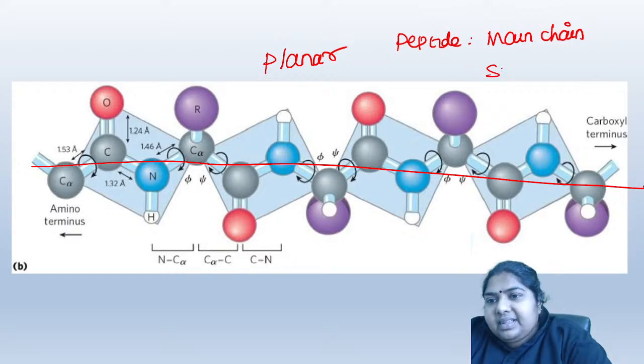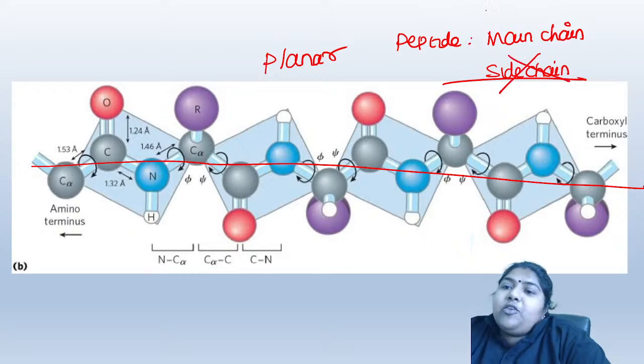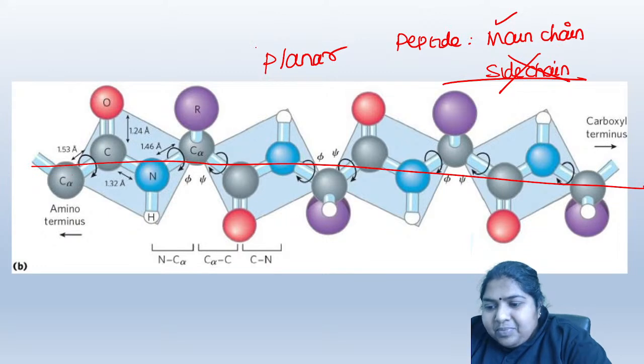For side chains also you can do it? Never. You can do it only for the main chain. Side chain you cannot see. Yes, Harvinder. So it is going to be only for the main chain. Yes, main chain alone your Ramachandran plot is functional. Side chains it is never functional.